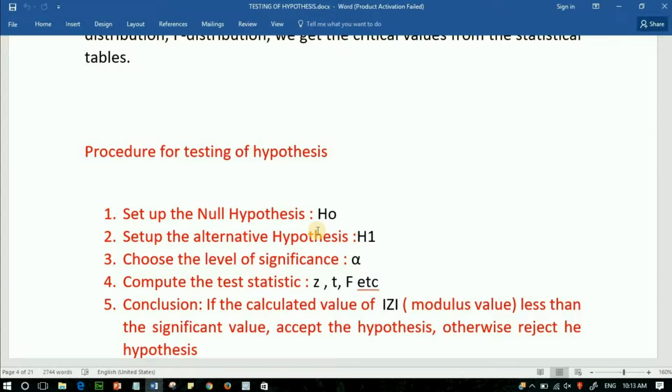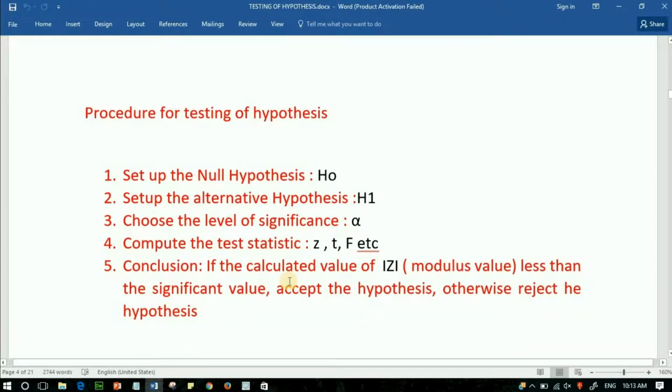Compute the test statistic Z, T or F. A statistic simply means a function of the sample values, a formula connected with the sample values. For each problem, the statistic differs from problem to problem. Then how to take the conclusion?